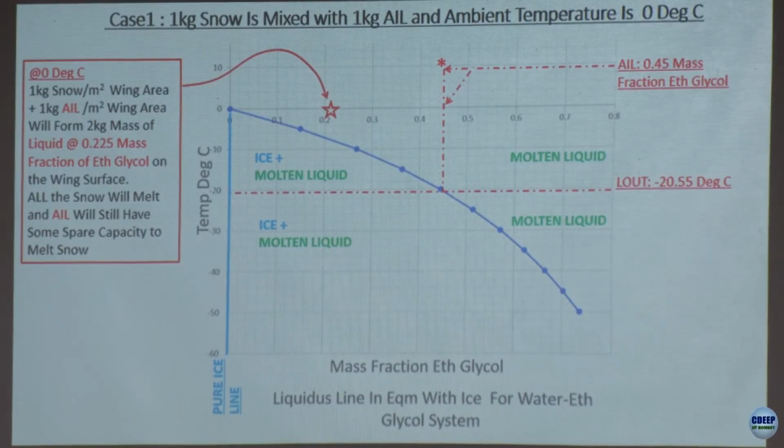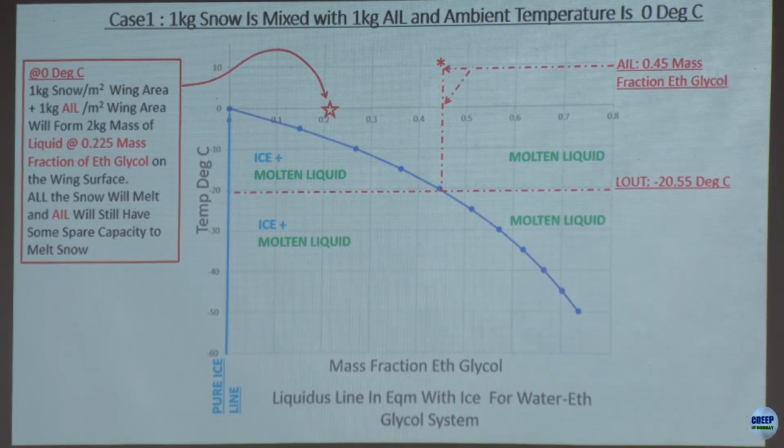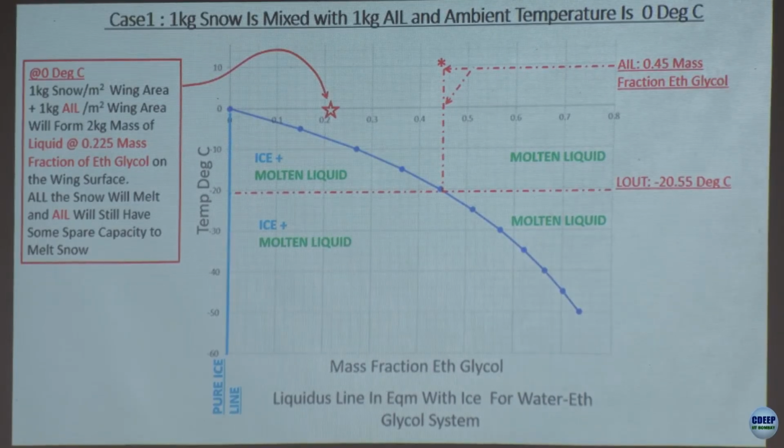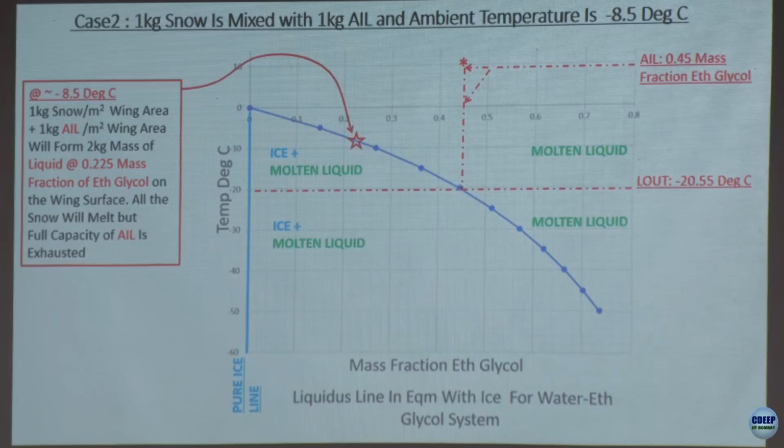So therefore that entire 1 kilogram of ice would be completely molten into the dilute solution of ethylene glycol, and it will drip off the aeroplane surface, and therefore the anti-icing liquid is very effective at this temperature, which is 0 degree centigrade.